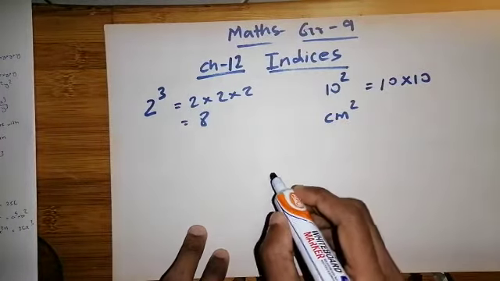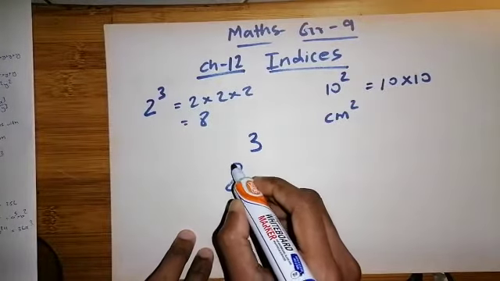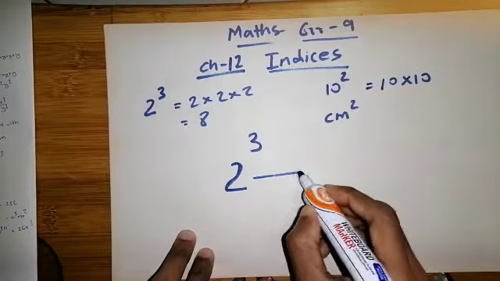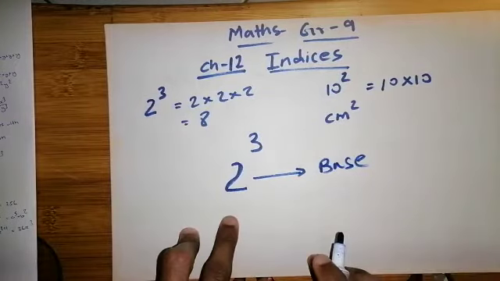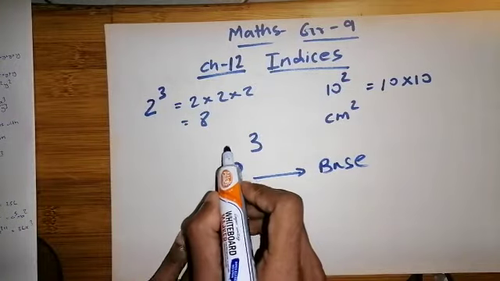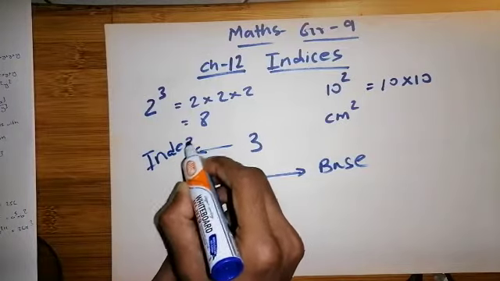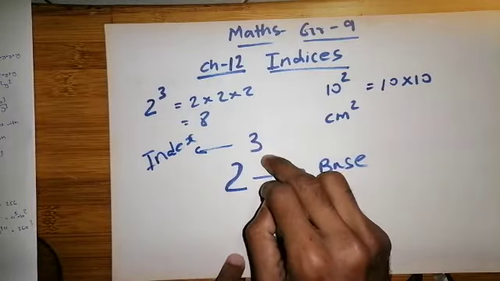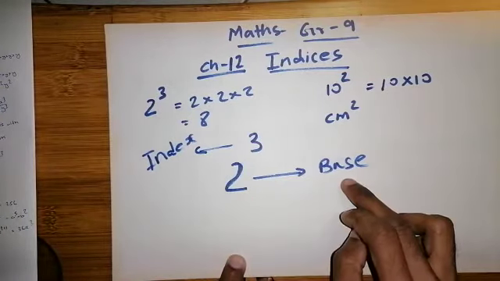If you take 2 to the power 3, this 2 is the base. We call the 2 the base and the 3 the index. The upper number we call the index, the lower number we call the base.